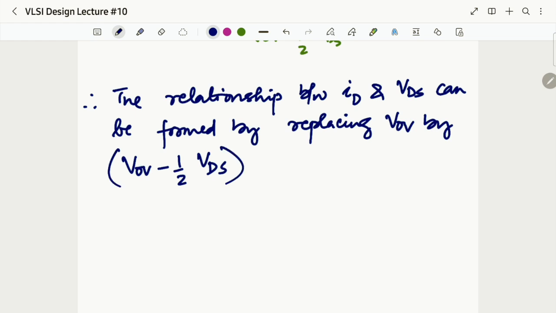Why are we doing this? Because our channel tapers. Our channel will taper the moment we increase our VDS, and we saw the graph of it also. So it is only correct that we replace VOV by this average value, the cross sectional area, isn't it? Only then we will be true to our equation. Okay, so that is why we are doing this.